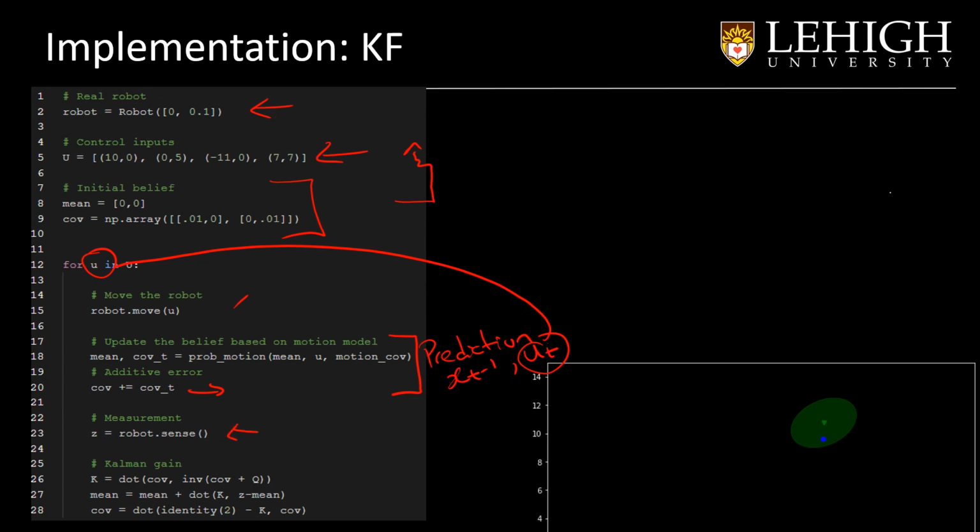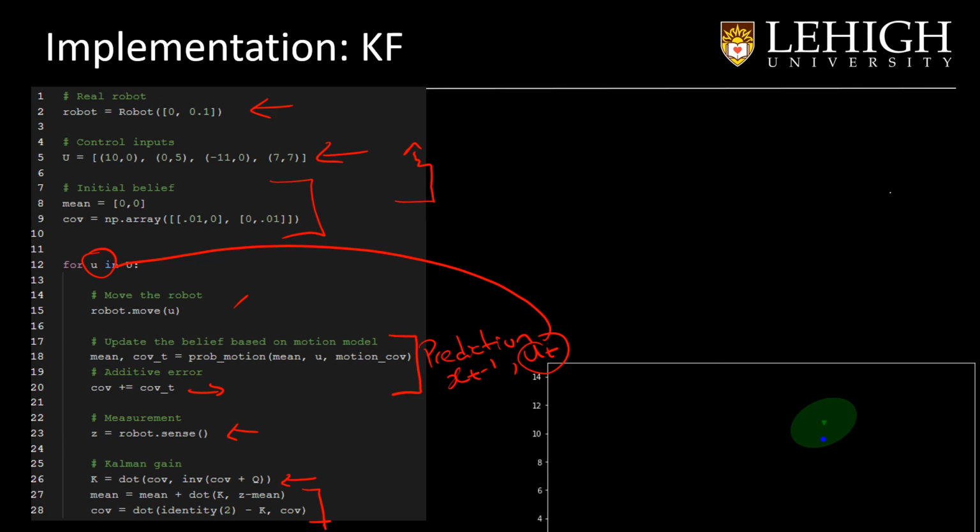Now we obtain the measurement and we apply the Kalman gain, and we obtain the estimation based on the measurement and the Kalman filter. Using this method multiple times, we will obtain that our current estimation is very close to the real one.